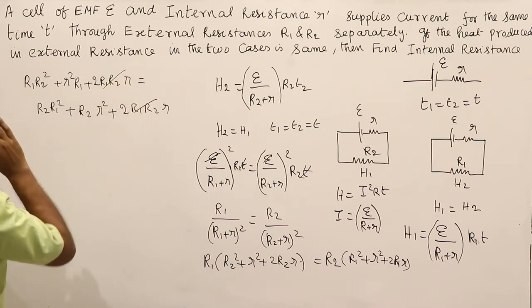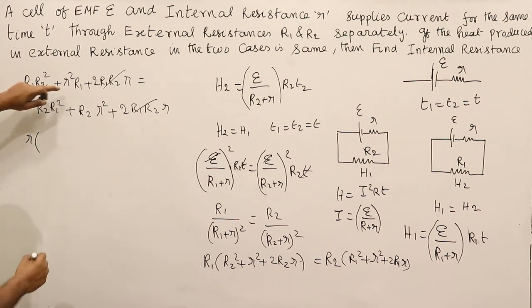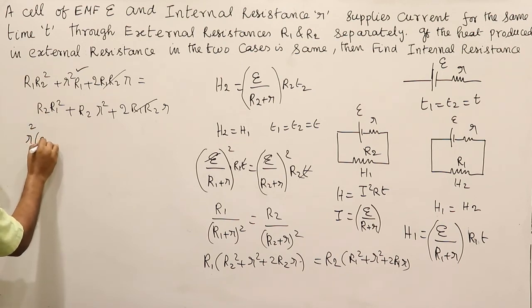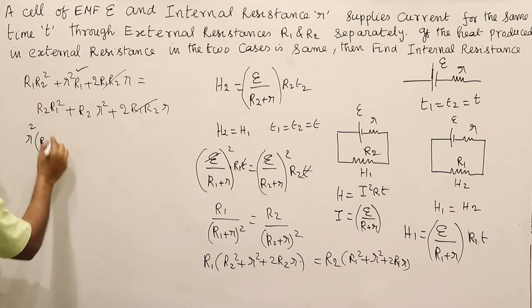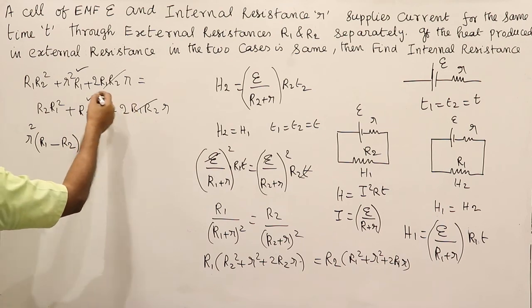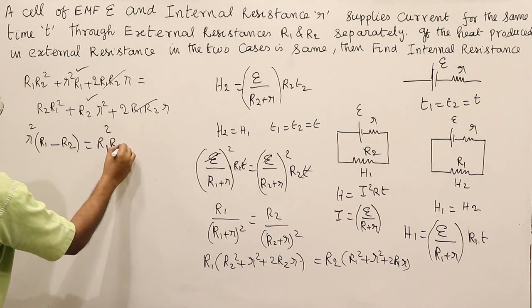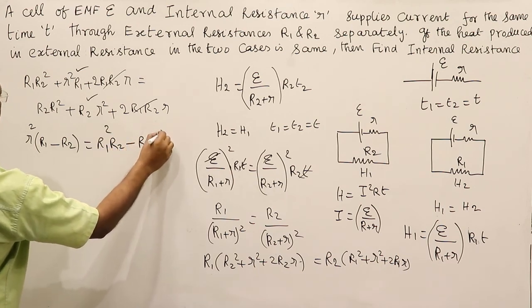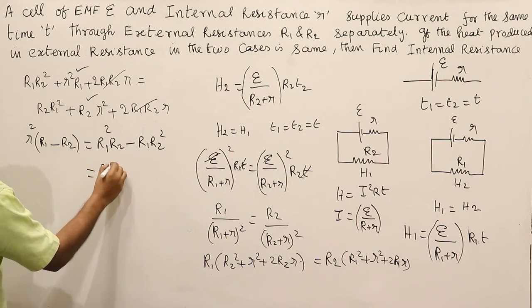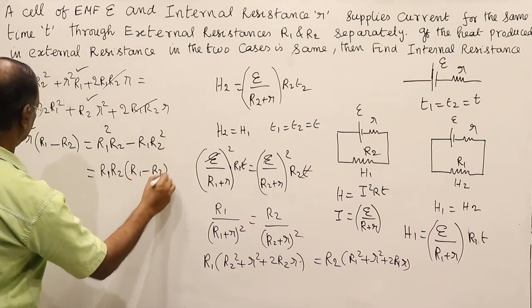Taking R square outside, we collect R square R1 minus R2 on one side, and R1 square R2 minus R1 R2 square on the other, which is R1 R2 times R1 minus R2.